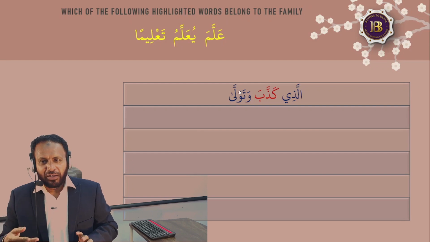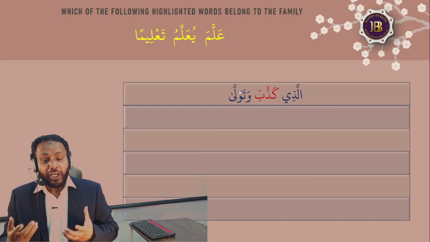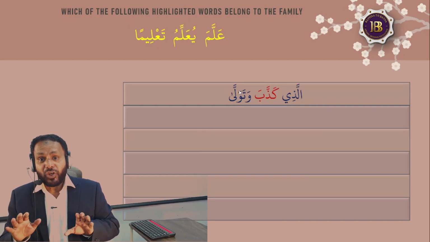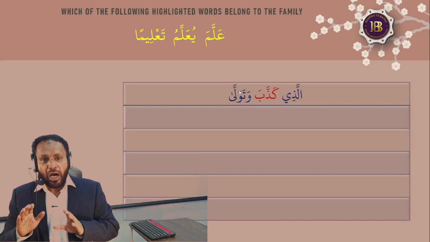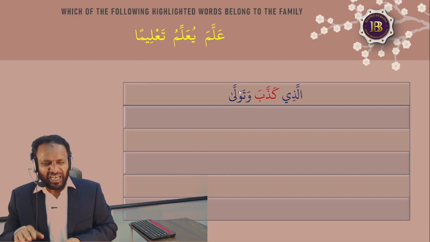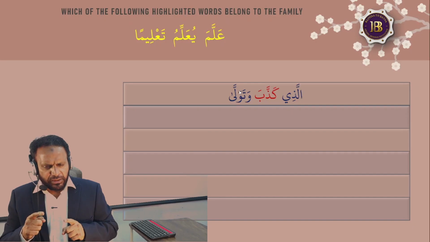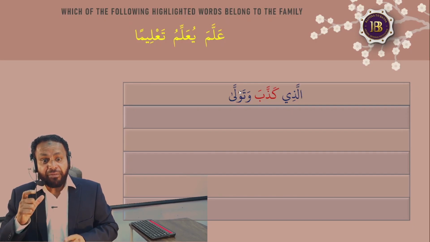He taught Qur'an. But the person who has mastered the SARF does not visualize the ayah Allamal Qur'an as he taught the Qur'an. That is very superficial. He or she will immediately realize, this is Bab Fa'ala. Bab Fa'ala means emphasis.